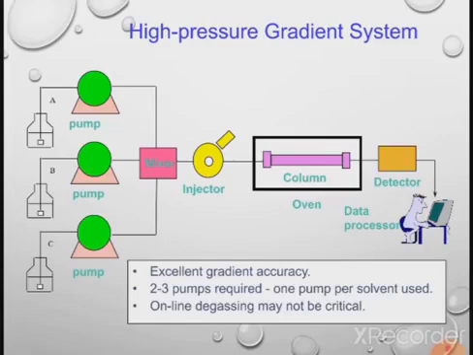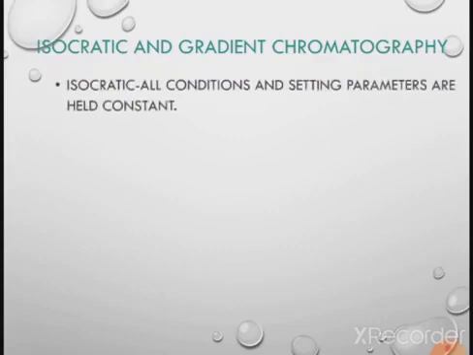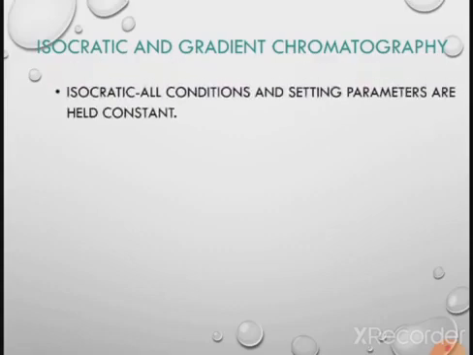Now the next part we want to learn is to differentiate between isocratic and gradient chromatography. Isocratic means all conditions and setting parameters are held constant. In an isocratic system all conditions and parameters are kept constant, so such a system is called an isocratic system.